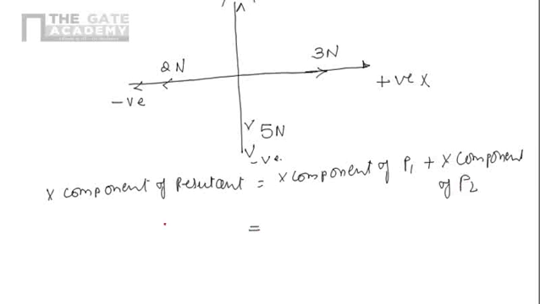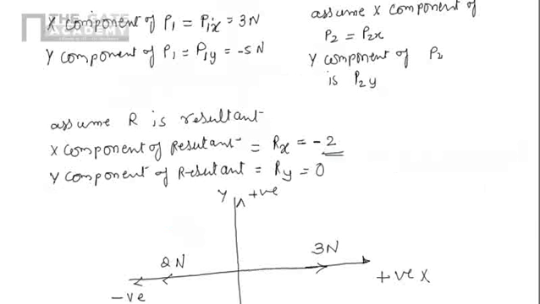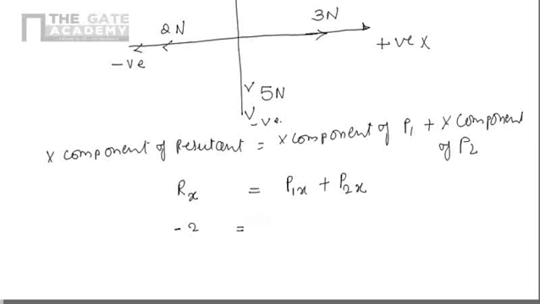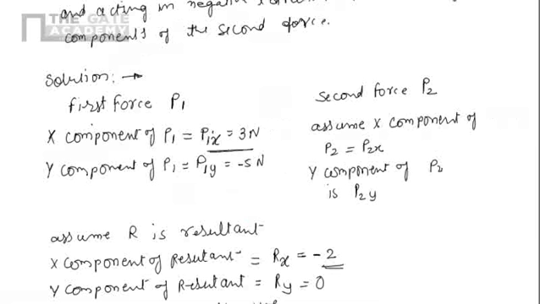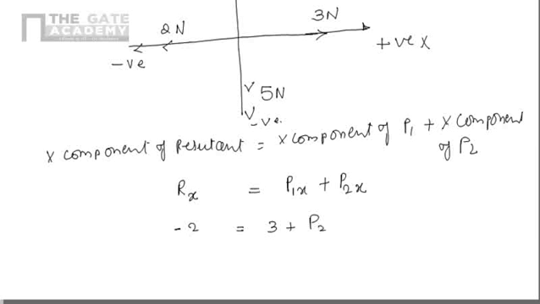The x component of the resultant is Rx, the x component of P1 is P1x, and the x component of P2 is P2x. We know the value of Rx is -2, so I am putting -2 here. We know the value of P1x, that is 3 Newton. We have to find P2x. So P2x will be -2 - 3, that is -5 Newton. So the x component of P2 will be -5 Newton.